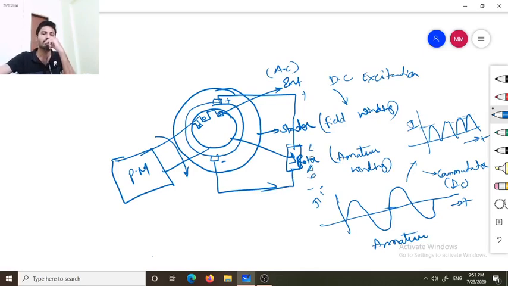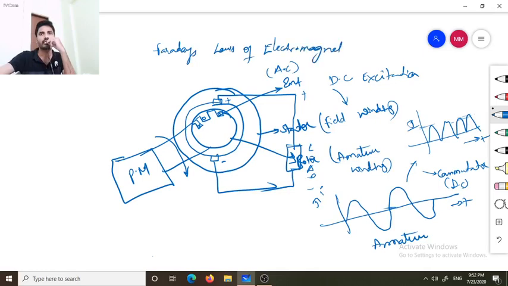So this is the working principle. You are giving mechanical energy from the prime mover and it is converted into electrical energy by using Faraday's laws of electromagnetic induction. I hope you got the point.